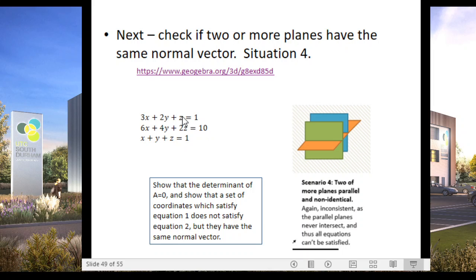But you could just write a little explanation saying that the normal vector for equation 2 is 2 times the normal vector for equation 1, therefore those two planes are parallel, therefore we are in situation 4. Don't call it situation 4 in the exam, but explain geometrically that 2 of the planes are parallel and the third one crosses them.